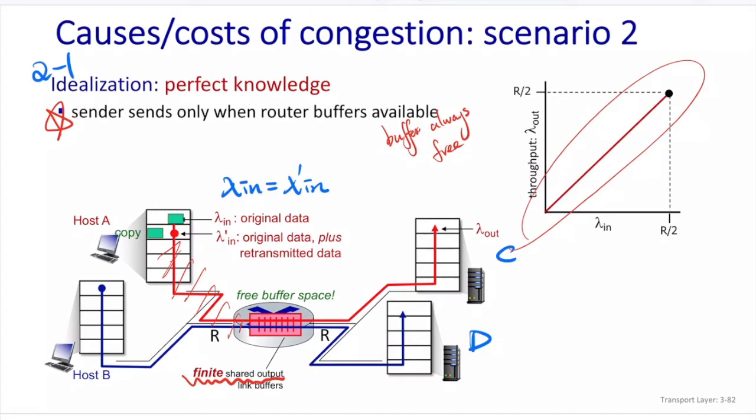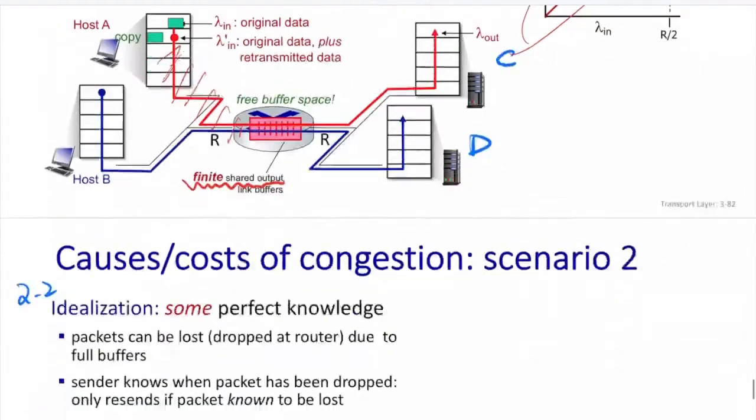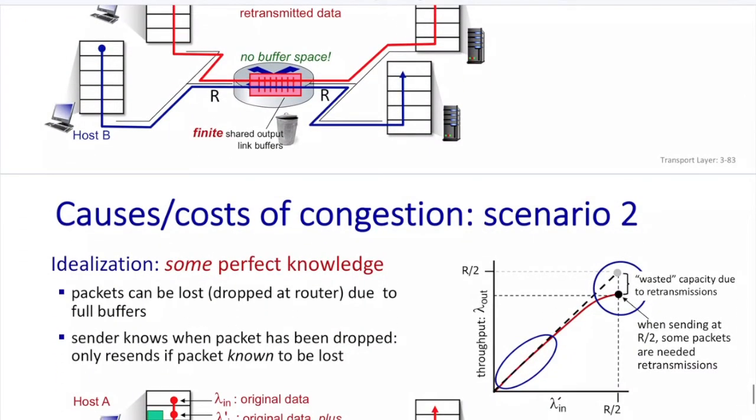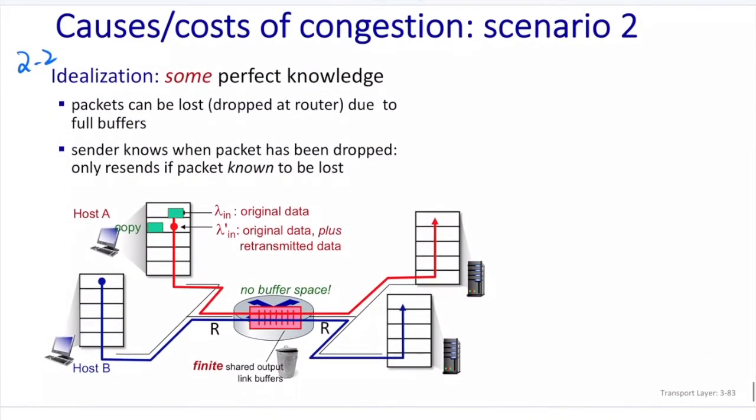But this kind of idealization does not exist in the real world, because host A never has some magic way to know when the buffer is available or full. So 2-1 is only an idealization. It never happens. Okay, so think about 2-2.